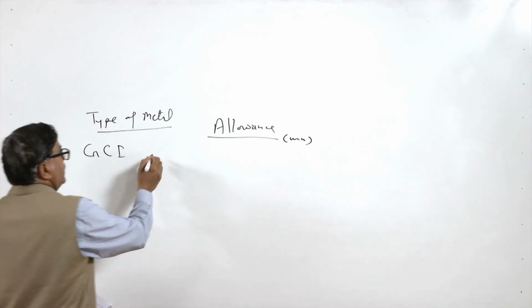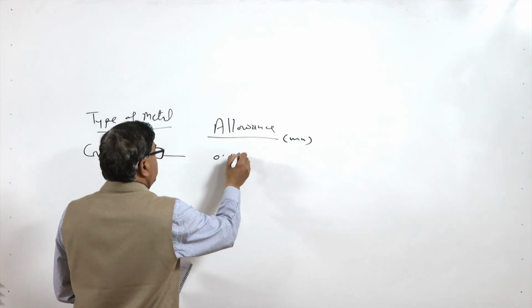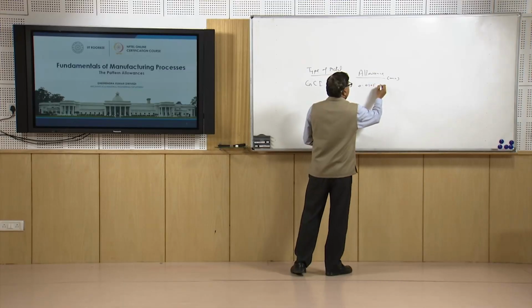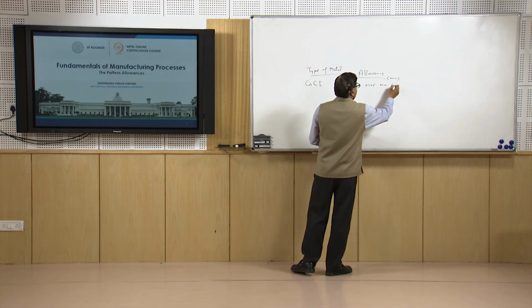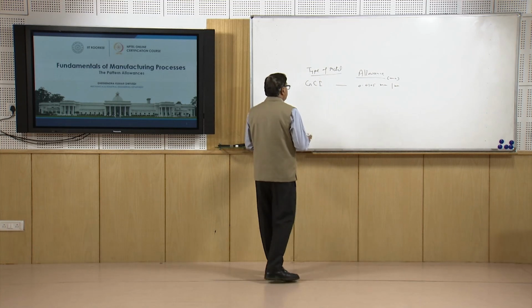Say for grey cast iron it is 0.0105 mm per mm.